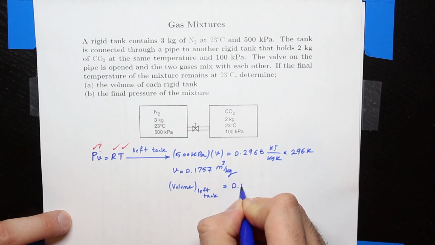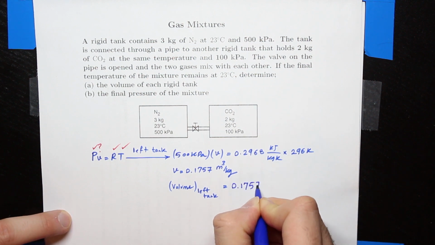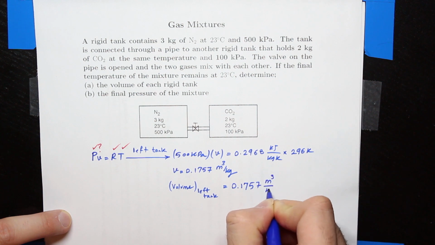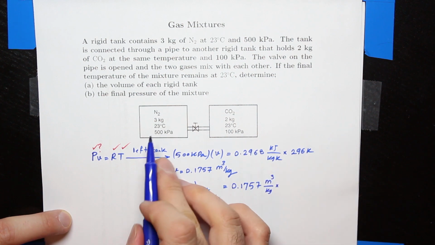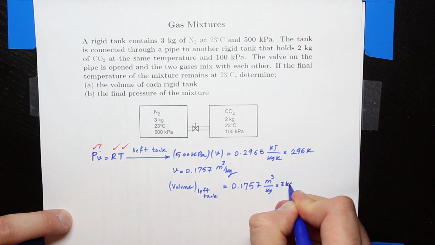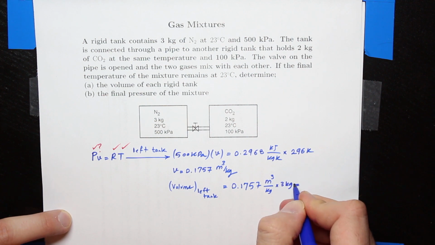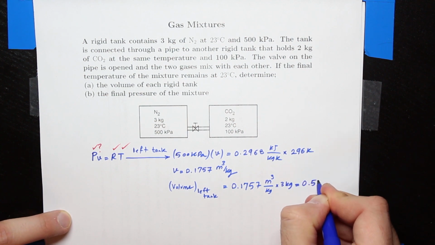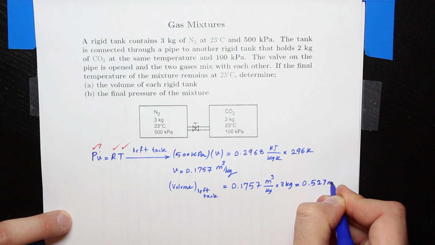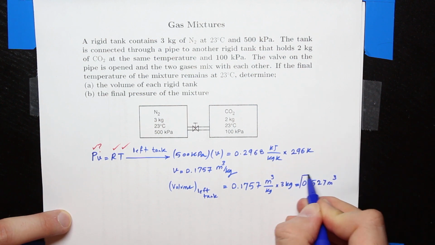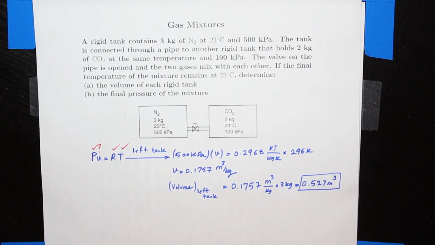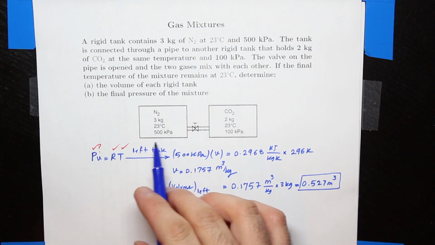So that will be 0.1757 meter cube per kilogram multiplied by 3 kilogram, and the volume becomes 0.527 meter cube. So this is the volume of the left tank, this one here.